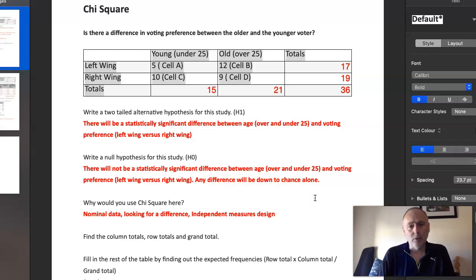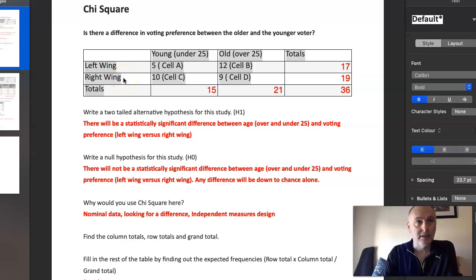The next question asks why you would use a chi-squared analysis here. Well, we would use a chi-squared analysis because we have nominal data. That's the first thing to point out. Nominal data is the most simple type of data that you can have. In this particular case, it is nominal data because we've just got two categories here. You can either be left wing or right wing. That could have been different, couldn't it?